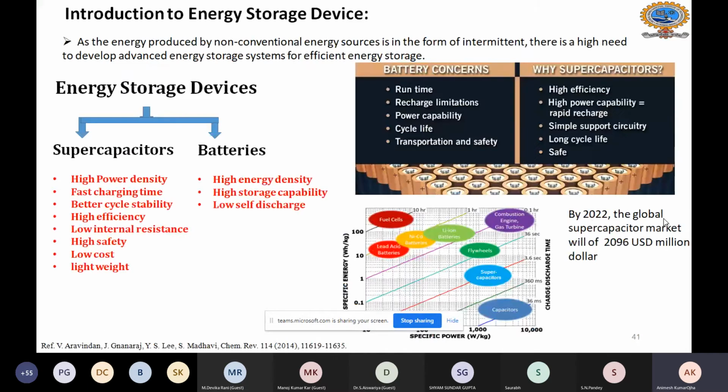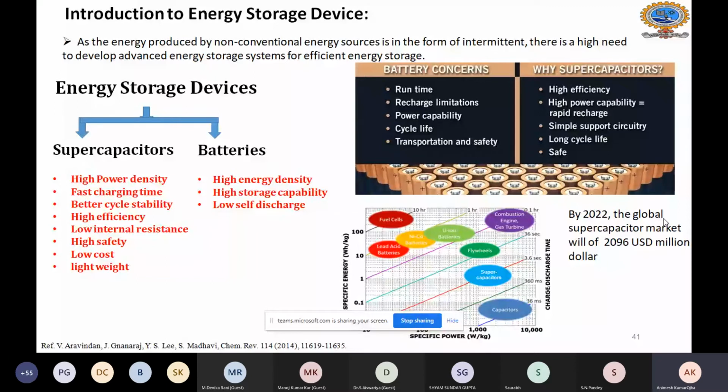As we all know, the energy produced by non-conventional energy sources is intermittent. This is basically regional. Somewhere you have sun, somewhere you don't have sun. In the daytime you have sun, in the night you don't have sun. So how can you use that energy in the night?